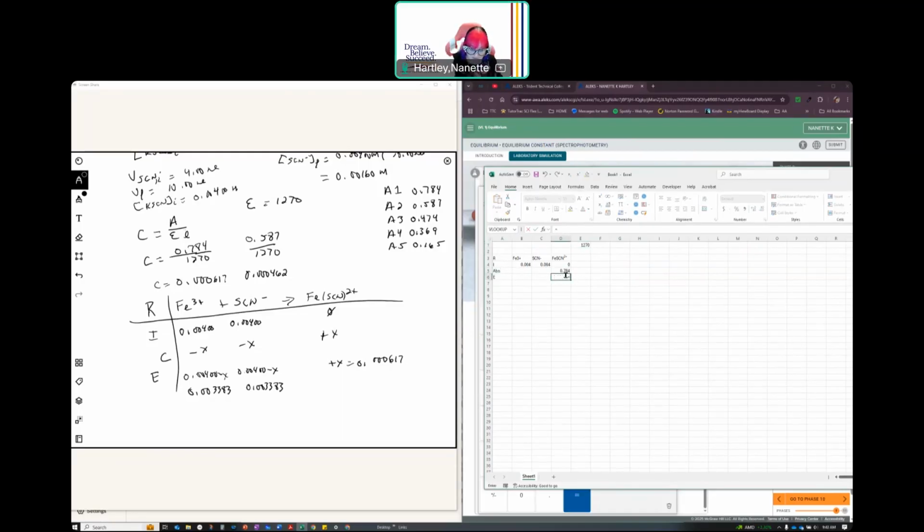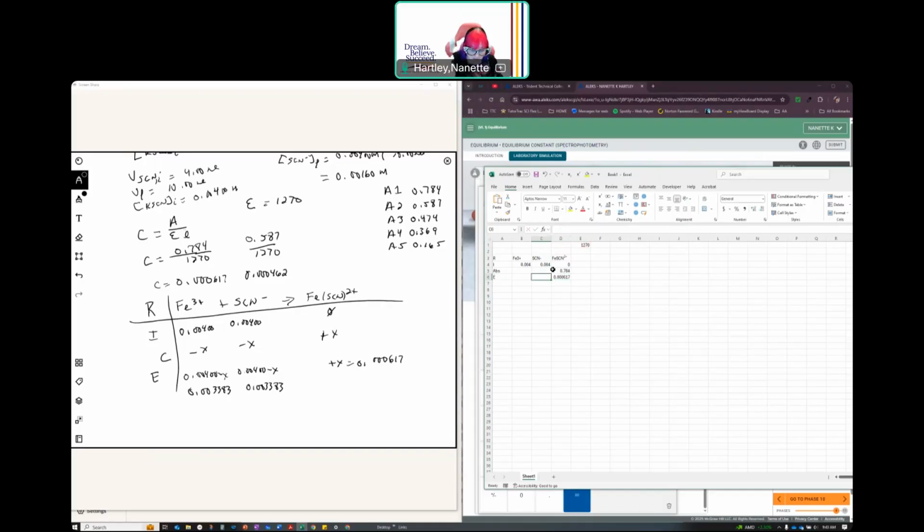So then this is equal to the absorption divided by absorptivity. Since I want this to always be that value, then I can make it like that.